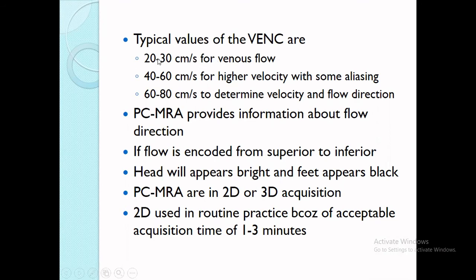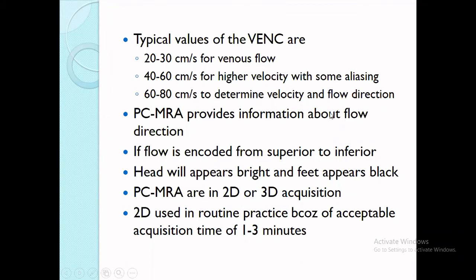For higher velocity with some aliasing, it is 40 to 60 centimeter per second. In order to determine velocity and flow direction, we use 60 to 80 centimeters per second. We can also measure the velocity using this particular technique.